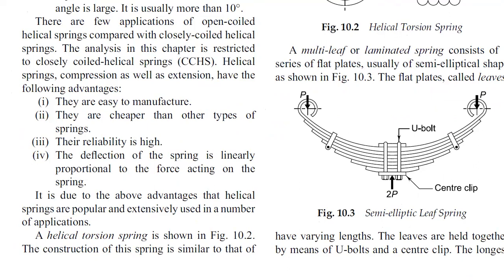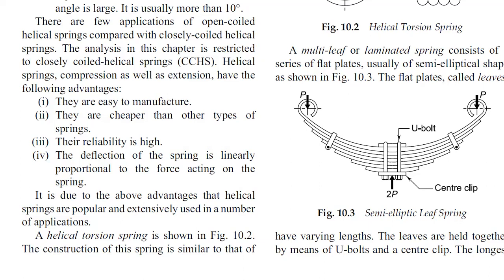Easy to manufacture, cheaper, reliability is very high, and the deflection of the spring is linearly proportional to the force acting on the spring. This is a very important criterion. The spring must deflect in such a way, so make sure you consider this criterion. It means according to how much force you are applying, the deflection of the spring will be there.